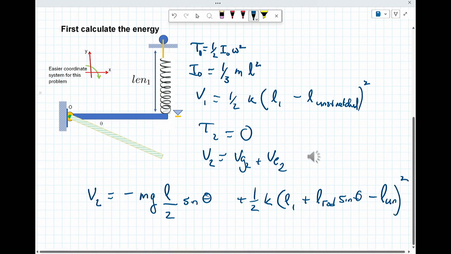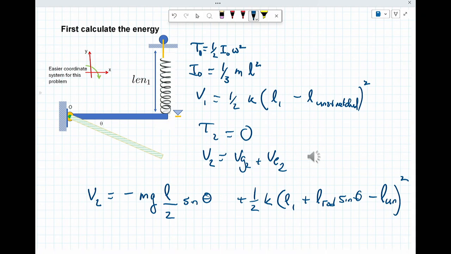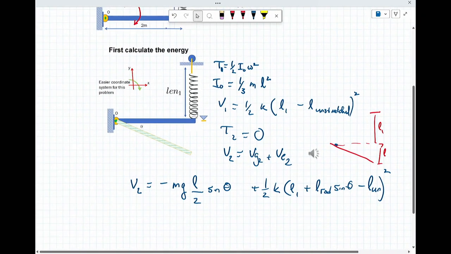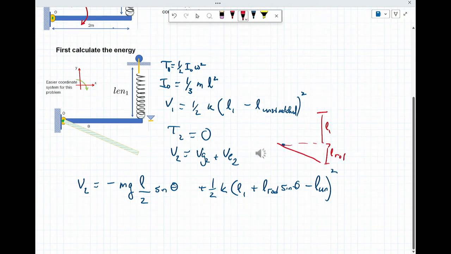Okay. So when the rod has moved down in position 2, we know that it's already covered L1, and there is L rod sine of theta.